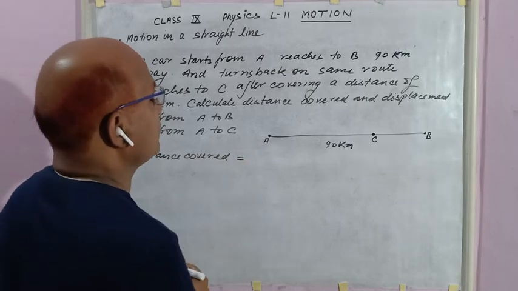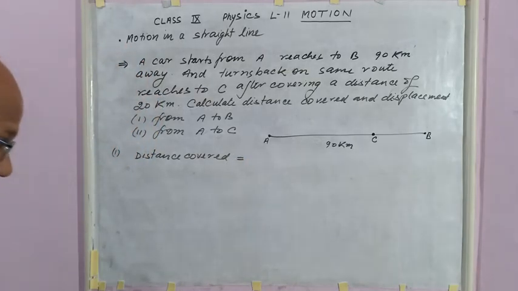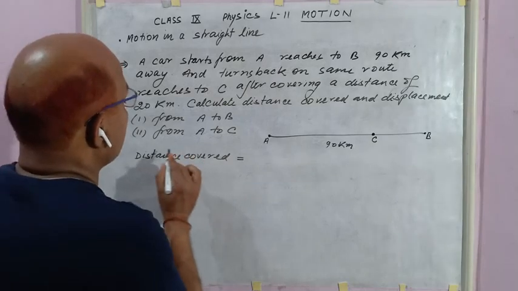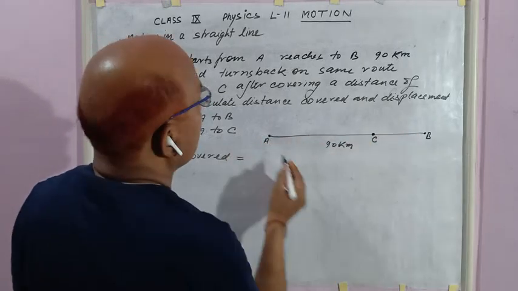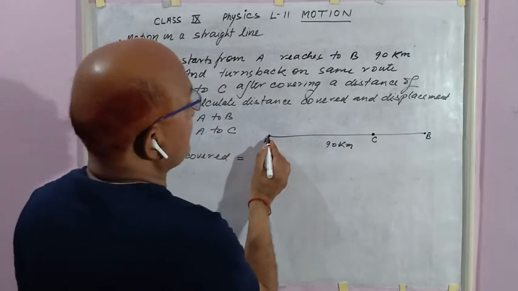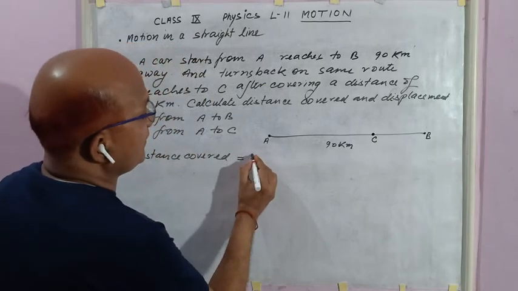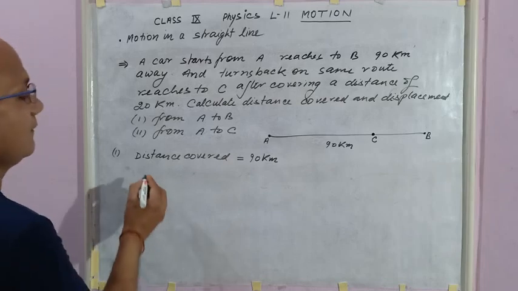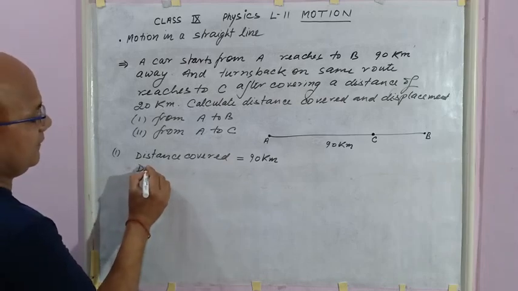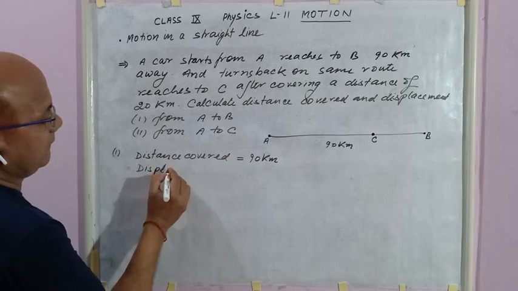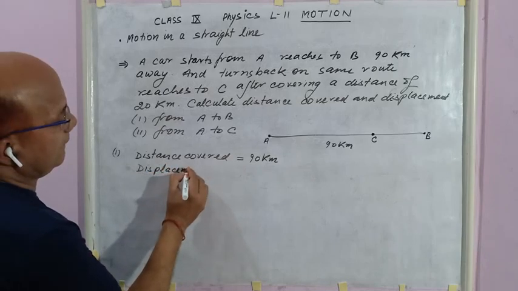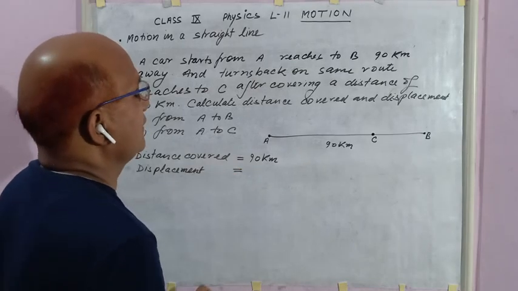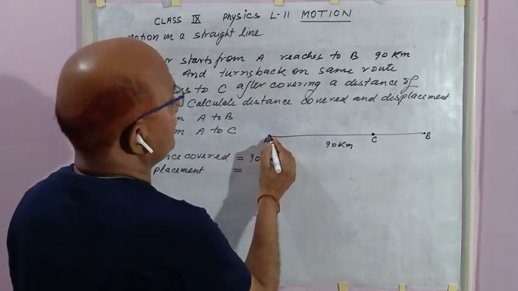is equal to, as you know, distance covered is the total length of path covered by a body. So distance covered from A to B. So what is the distance from A to B? It is 90 kilometer. And displacement in this case, to calculate displacement, we will see initial position.